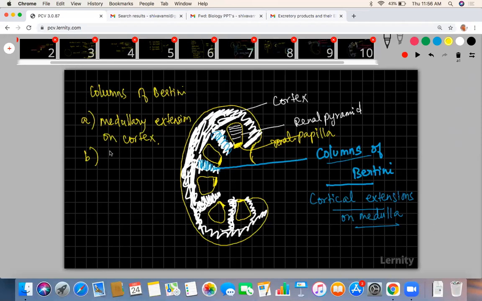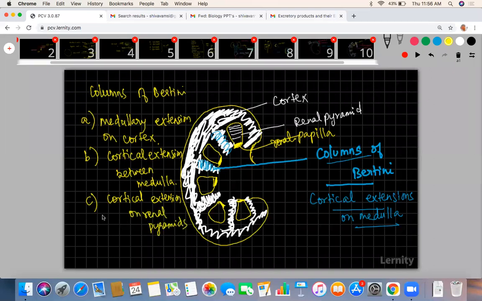Option B said cortical extensions between medulla. Option C said cortical extensions on renal pyramids. D is none of the above. What answer will you select here?